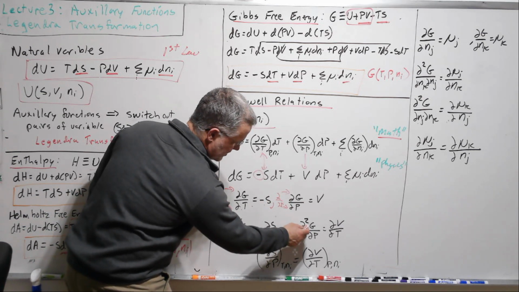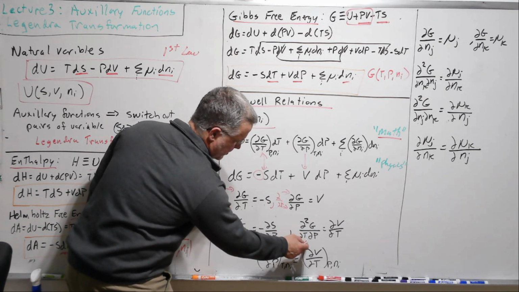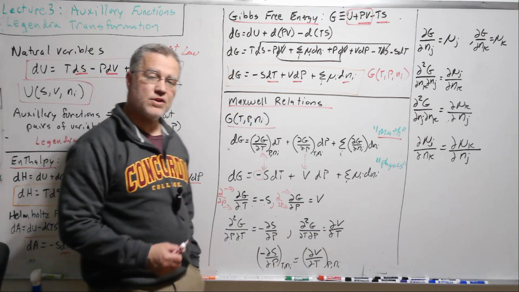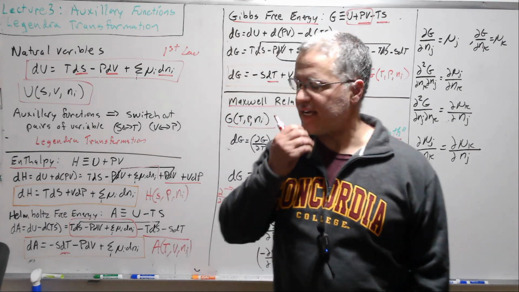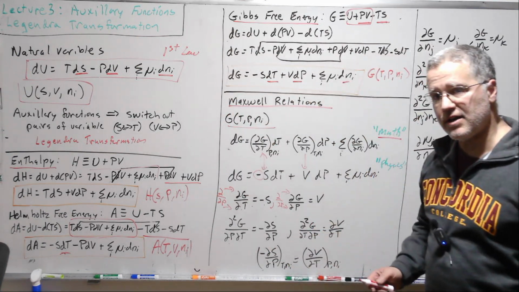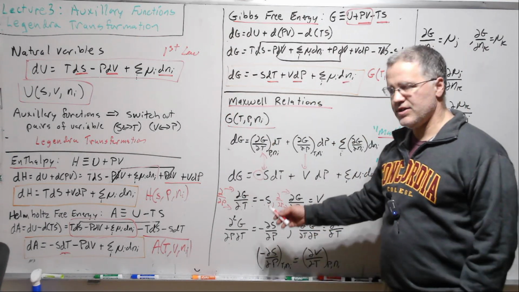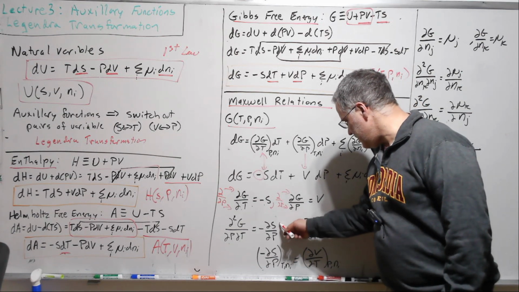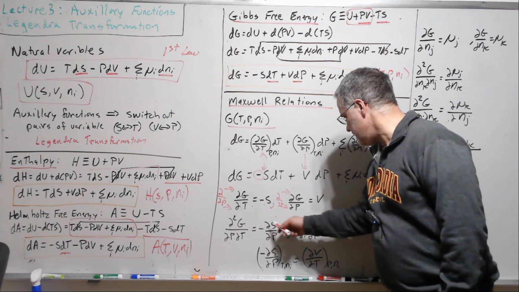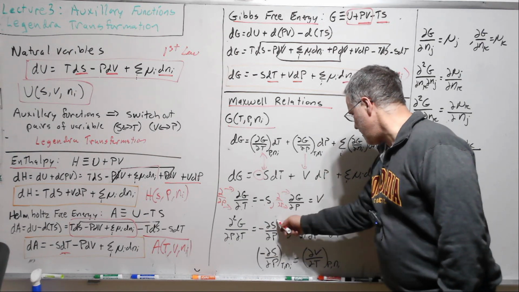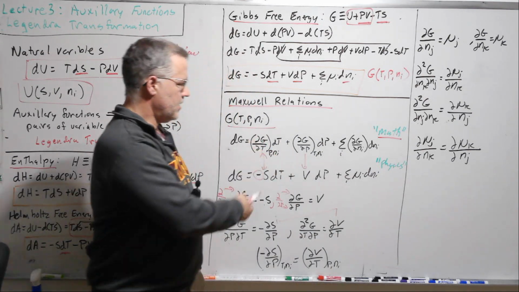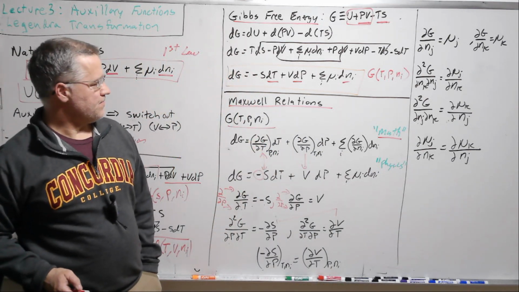So I'm going to get the second derivative of G first with P, then with T, and so that's going to give us dV/dT. And then we're going to use the idea that second derivative order doesn't matter. That's an important result from calculus. And so that means these are equal. The left-hand sides of each of these are equal, so the right-hand sides are equal. And that's how we get a Maxwell relation. So that's the steps in getting a Maxwell relation.